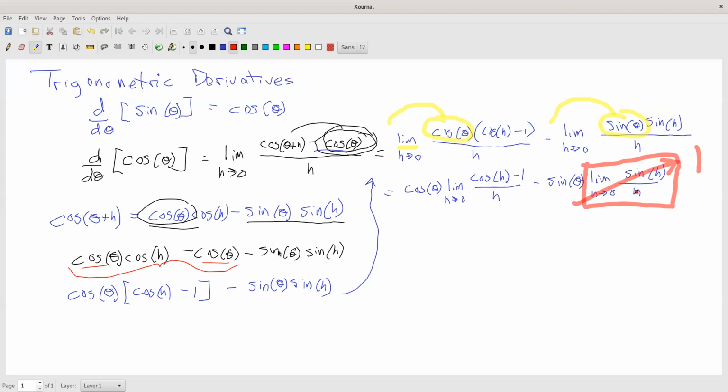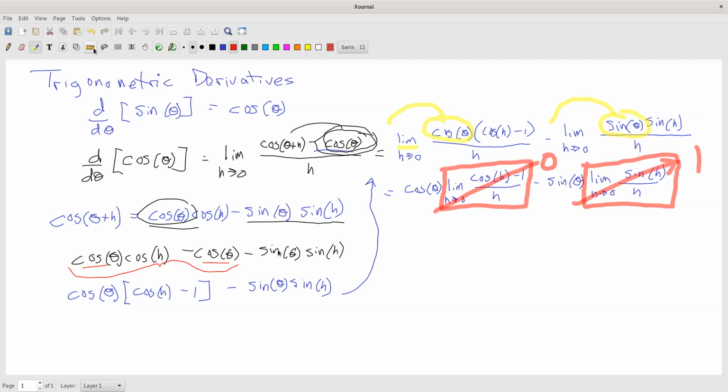That was a very complicated one to deal with. We had to look at the unit circle, and we had to compare an arc length to the sine and the tangent. It was quite an elaborate proof to get to that, but we did eventually show that that was 1. This one right here is just an algebraic proof, and that one was also done way back in chapter 2. And it turns out this one right here goes to 0.